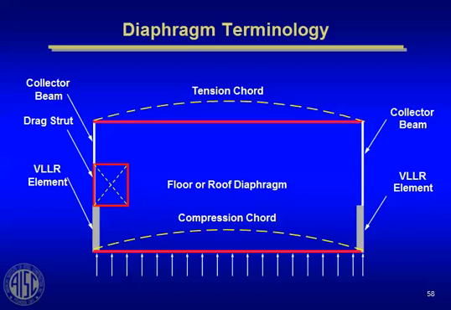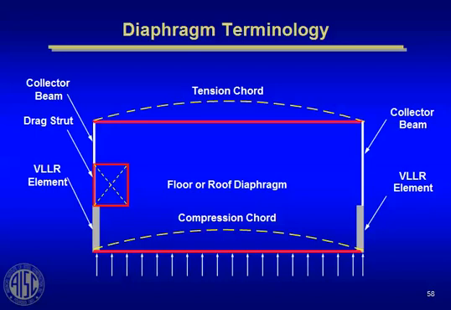The collector beam is another term you see a lot. That's an element that's in front of or behind, but in the same plane as the vertical lateral load resisting system, and it's also receiving diaphragm shear, collecting it, hence the name collector, and then transmitting it along its length to the vertical lateral load resisting system. It's called a collector beam.